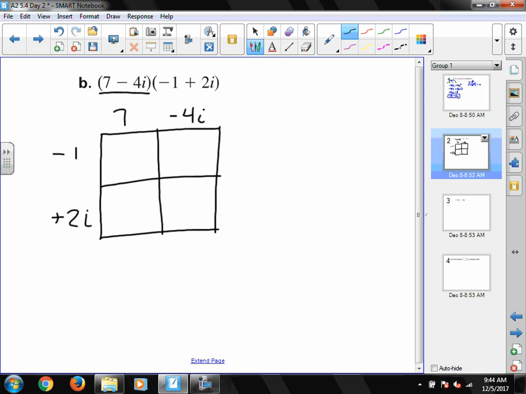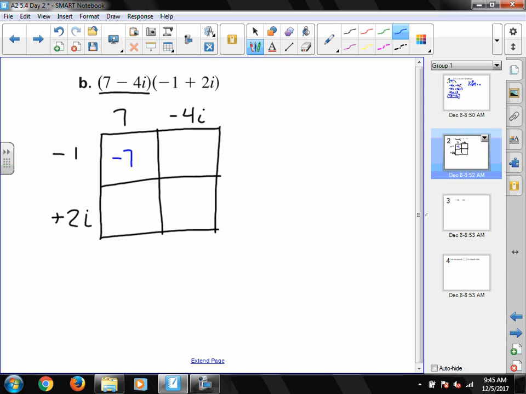And now, if you guys have done Punnett squares in science before, where you're talking about genes, you know you're just going to multiply the two numbers on the sides of the boxes. So if I take 7 times negative 1, I'm going to get negative 7.